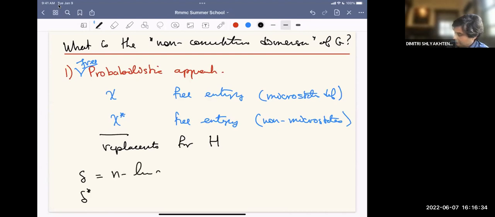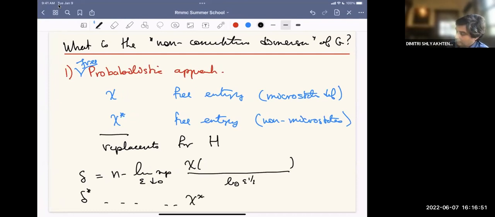minus lim sup, let's say lim inf, depends on your conventions, as epsilon goes to 0, and here you put chi of, and then you divide by log epsilon to the 1/2. And here it's exactly the same thing, only with chi star. And what do you do here?